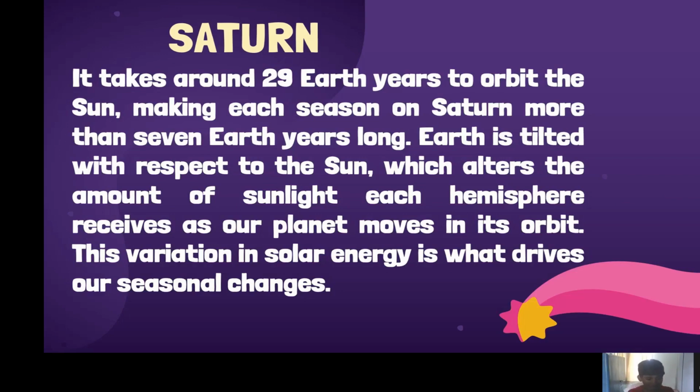Earth is tilted with respect to the Sun, which alters the amount of sunlight each hemisphere receives as our planet moves in its orbit. This variation in solar energy is what drives our seasonal changes.